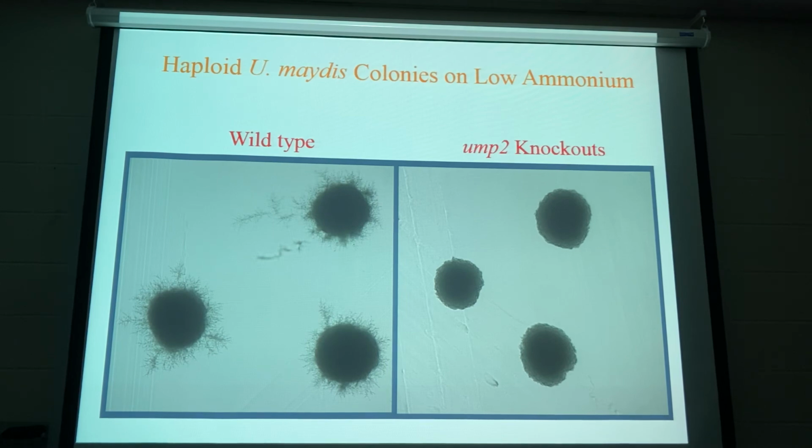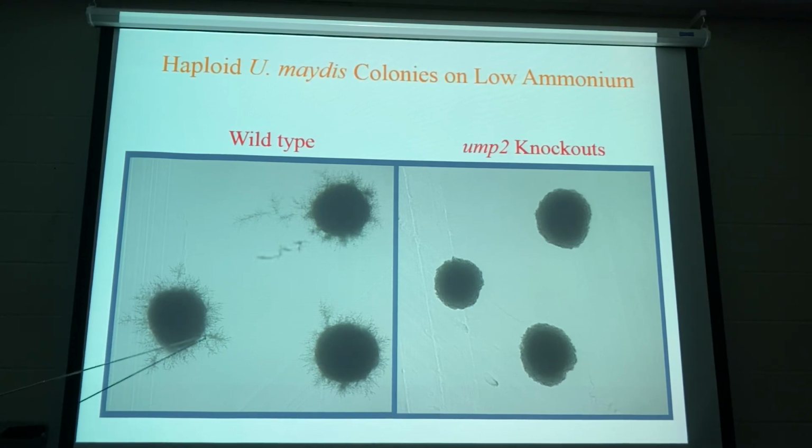All right, well, I have a question, and that is, if that's true in yeast, is it also true in Euselago? In other words, is UMP2 required for filamentation in Euselago? Well, we may have mentioned this earlier, but wild type Euselago on low ammonium, these are haploid cells now, are not producing a nice smooth colony.